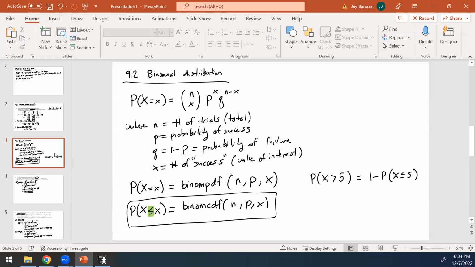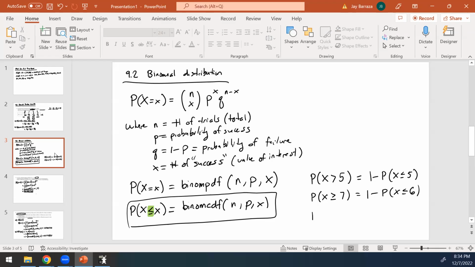Think about it: do I want to include 5 in the opposite direction? Yes, because 5 is not bigger than 5. It's equal to 5. Whereas if you have the probability that X is greater than or equal to 7, you would do 1 minus the probability that X is less than or equal to 6. You have to go down 1 because you don't want to include 7 in the complement.